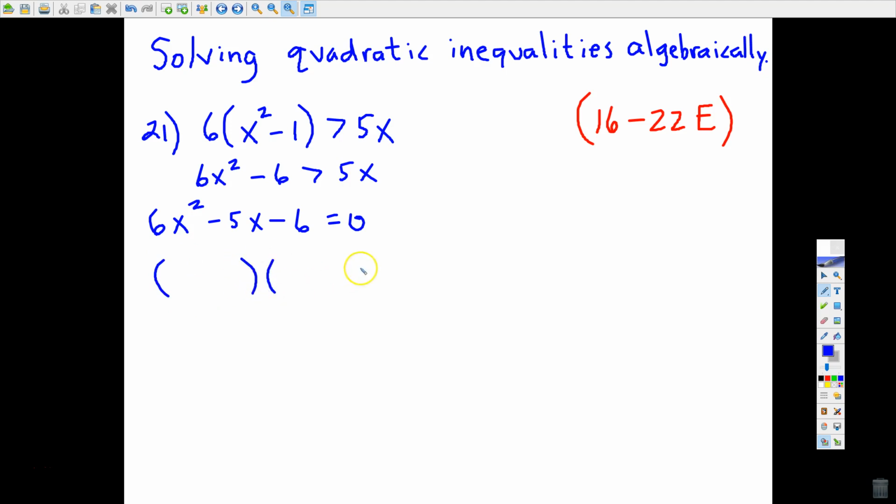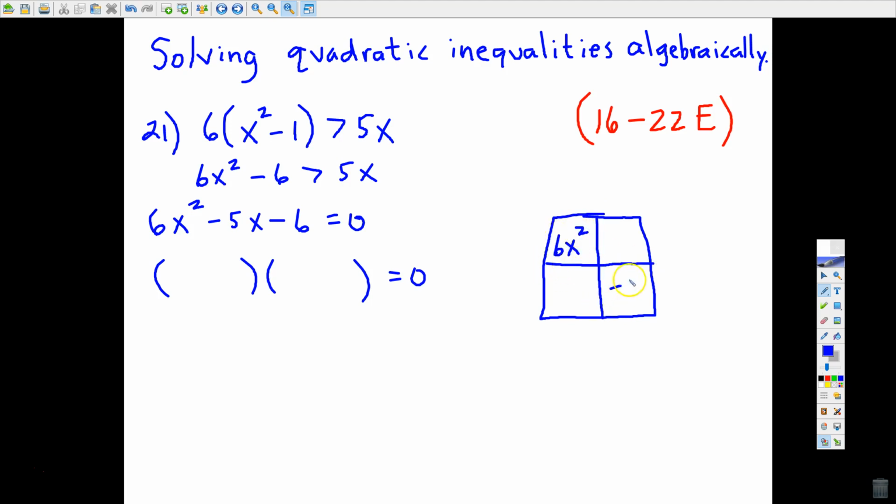and I showed you a quick review of the box method. Whenever the number in front of x squared is greater than 1, the box method is handy to help us with factoring. You just put the first and the last terms across from each other, multiply those together, and we're looking for the factors of this product that add up to this middle term, negative 5x, and that would be negative 9x times positive 4x.